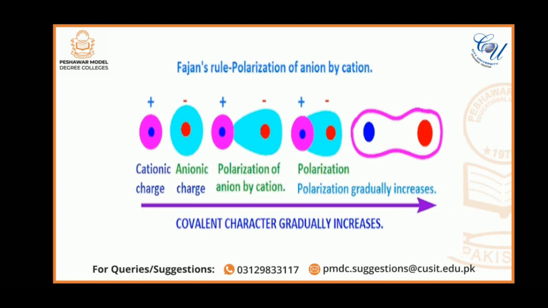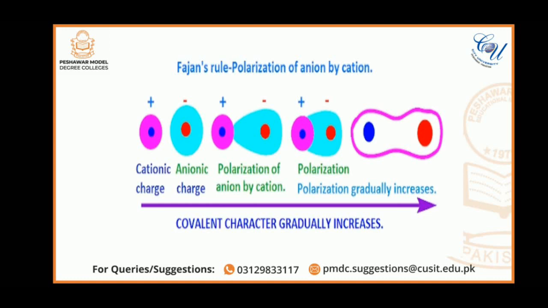Here you can see the polarization of anion by cation. Here in the first you can see that both cation and anions are symmetrical. The size of the cation is smaller as compared to the size of the anion, and hence the charge density on cation is greater. So, cation attracts the electrons of the anion towards itself. As a result, polarization of anion by cation occurs.